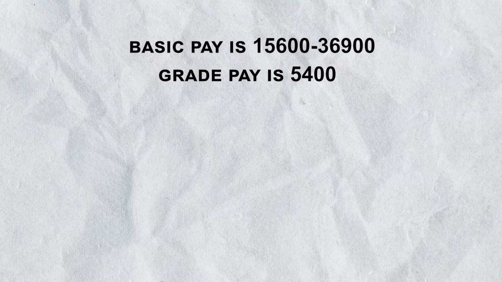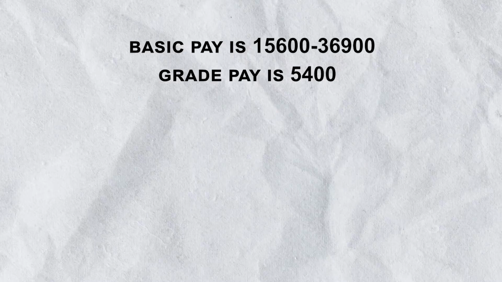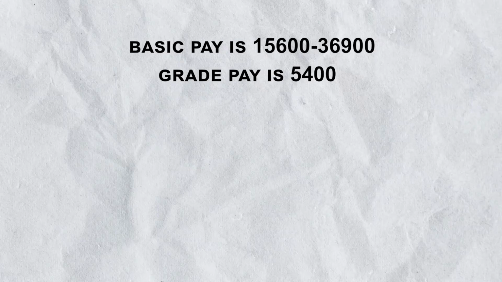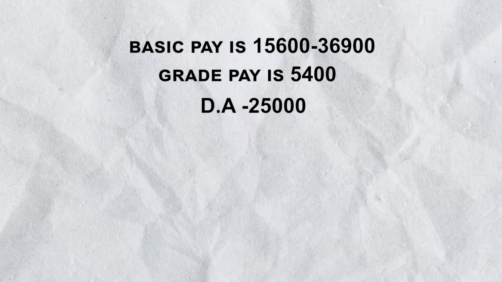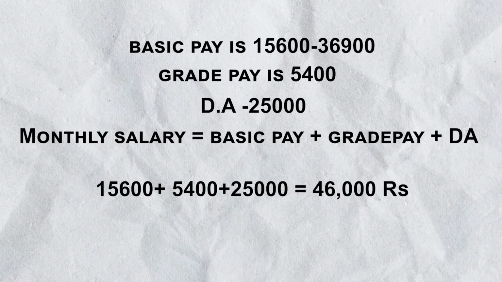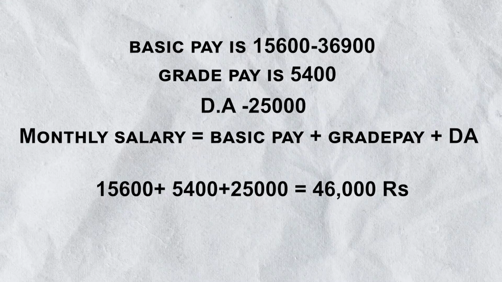Now you add both of these and, for your particular state, let's say the dearness allowance is 25,000. The amount you get by adding all this is your salary. That would be your monthly salary and that you will get in your bank account every month.